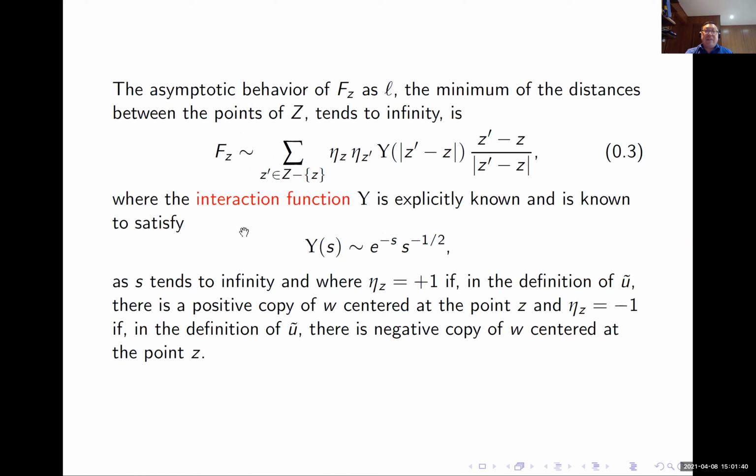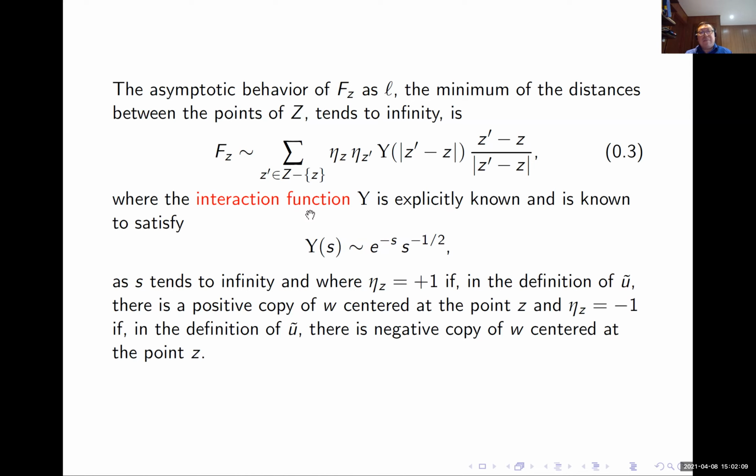So let's first compute the Lagrange multiplier. You compute the formula, which is the interaction between the spikes. The interactions are exponentially small, and there's a sign, either plus or minus: if it's a positive bubble, it's plus; if it's a negative bubble, it's minus.